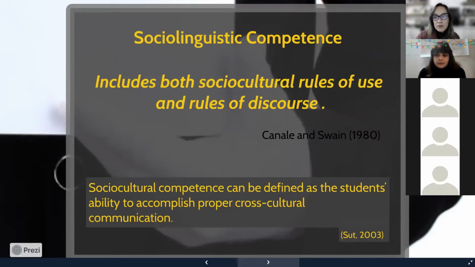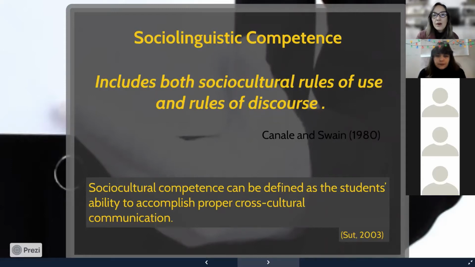So Sut describes sociocultural competence as the student's ability to accomplish proper cross-cultural communication. So this might be like our aim, right? To master communication, to be able to communicate across cultures, right?